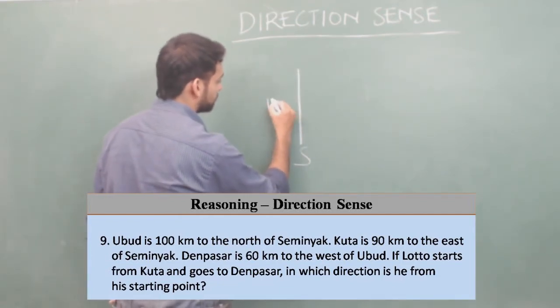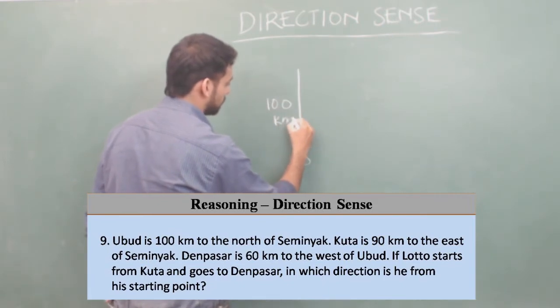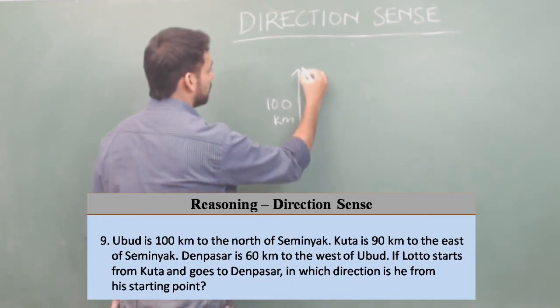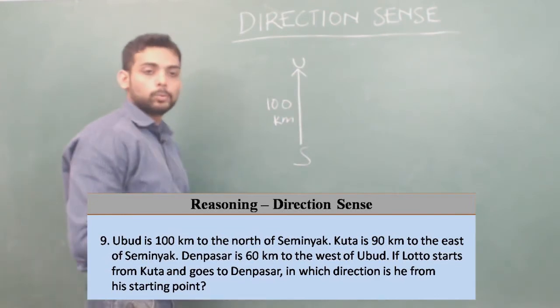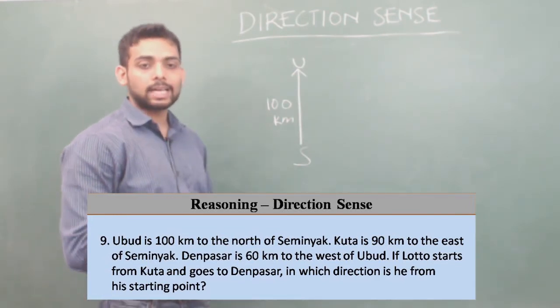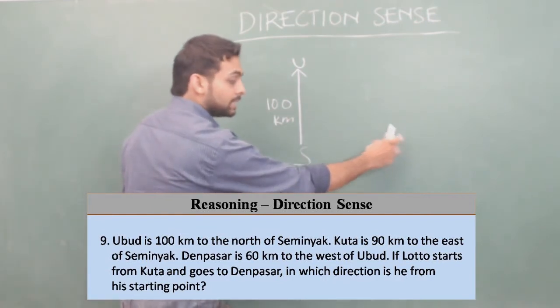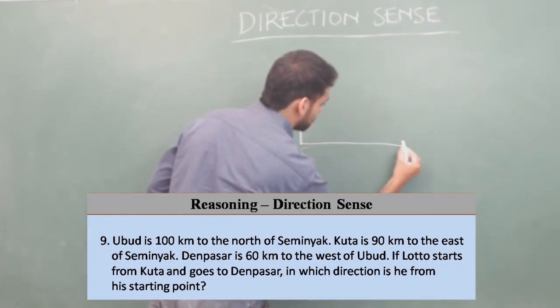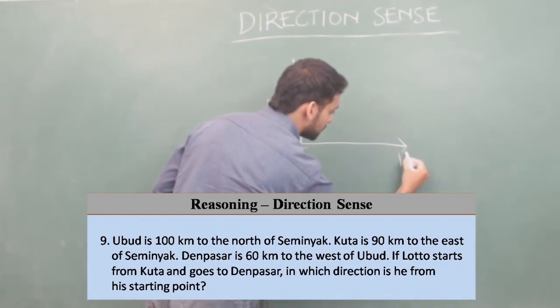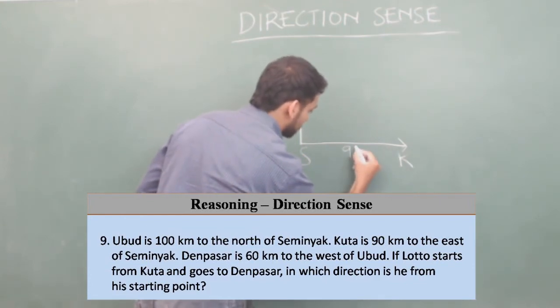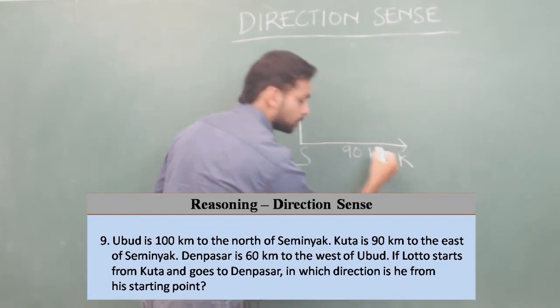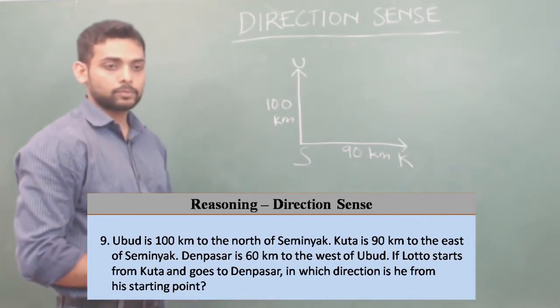Then Kuta is 90 kilometers to the east of Seminyak. Seminyak east. So I'll draw this line. This is Kuta, 90 kilometers to the east.